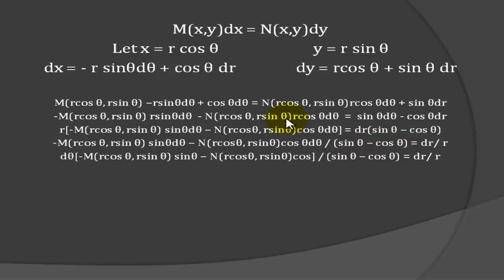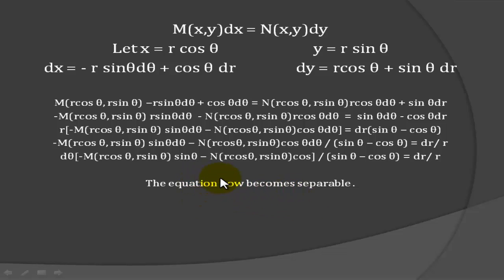If you notice, you transpose your r to the right and your sine theta minus cosine theta to the left, which will give you now a separable differential equation of the form d theta over r equals dr over r times the expression in M and N, which is now a separable differential equation.